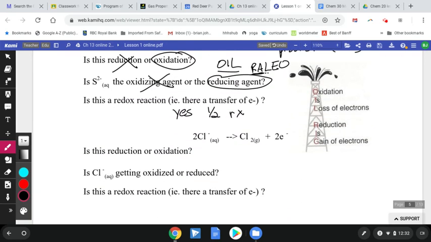Okay, last one. 2 chlorides become chlorine and lose 2 electrons. So OIL and RIG are the 2 sayings that have lose in them. So you can answer these questions. Is it reduction or oxidation?